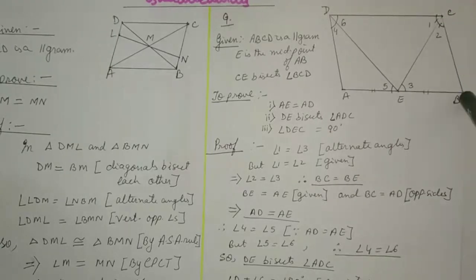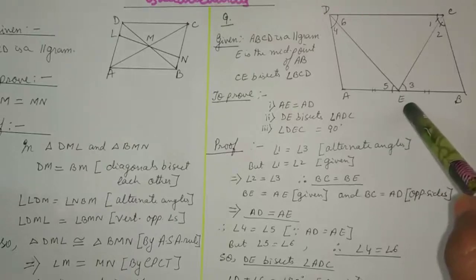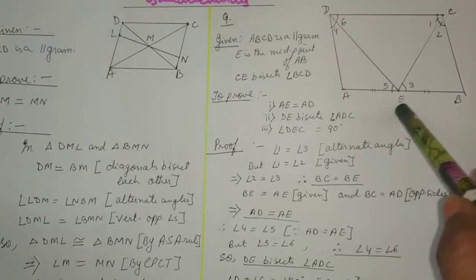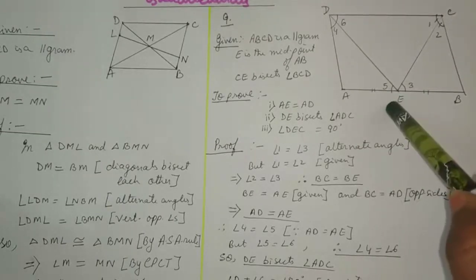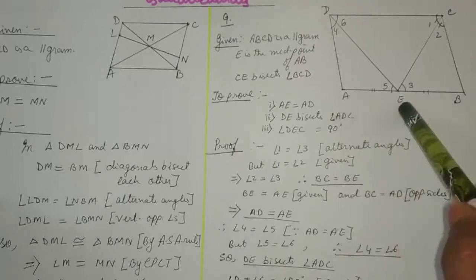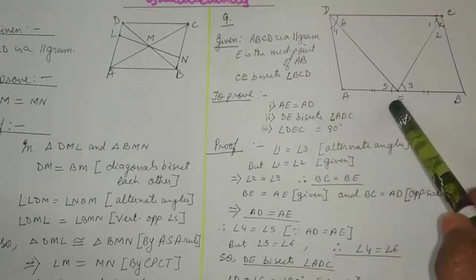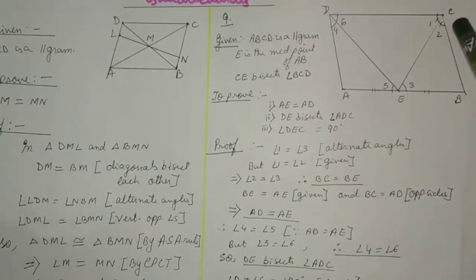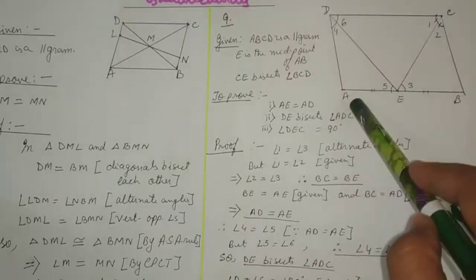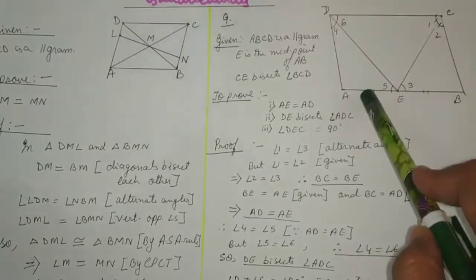But instead of BC, I can write EB and AE are equal, so BE is equal to AE, and BC and AD are opposite, so AD and AE are equal.